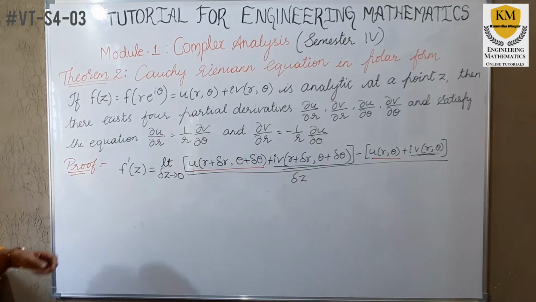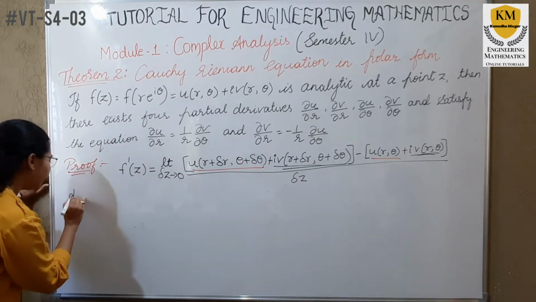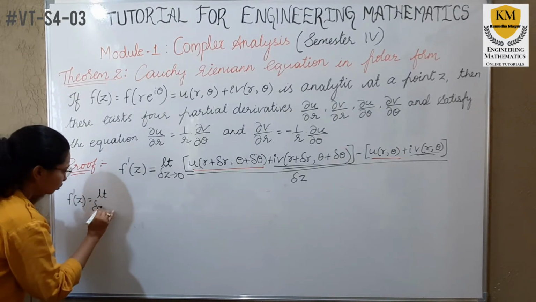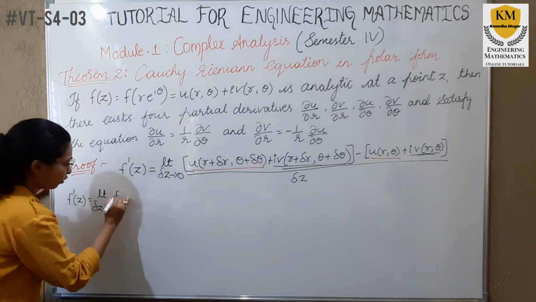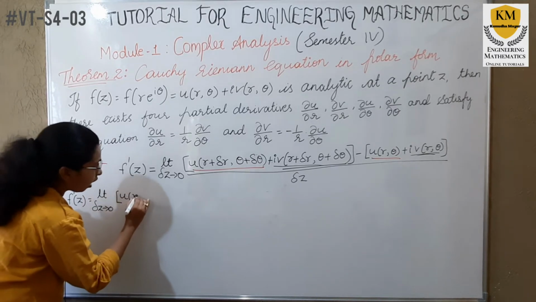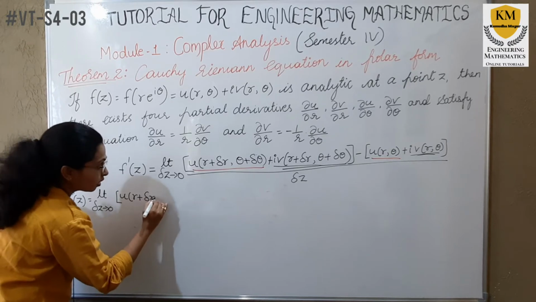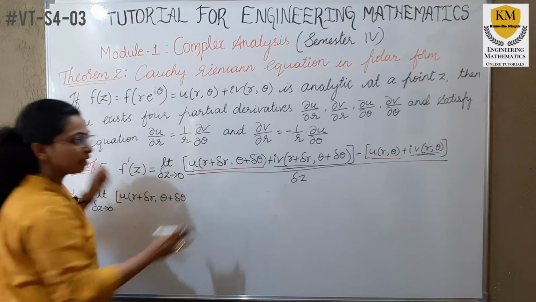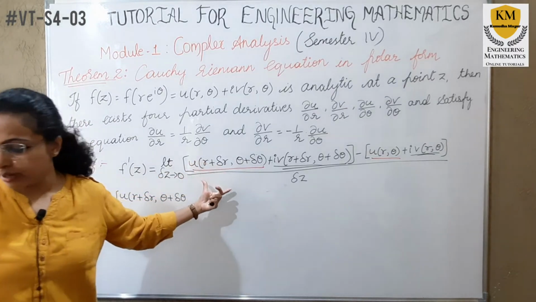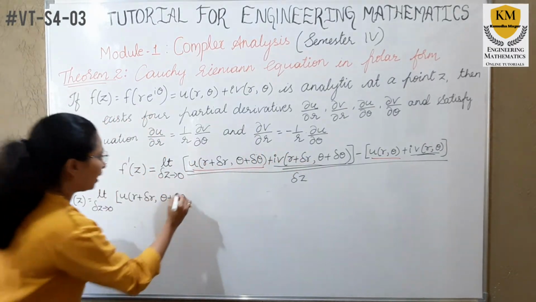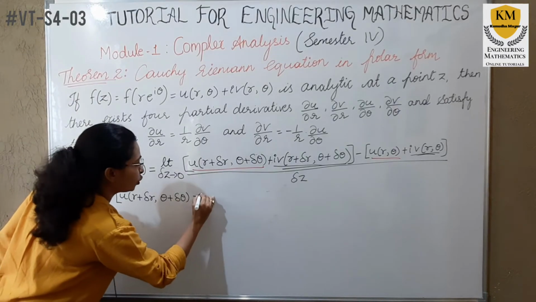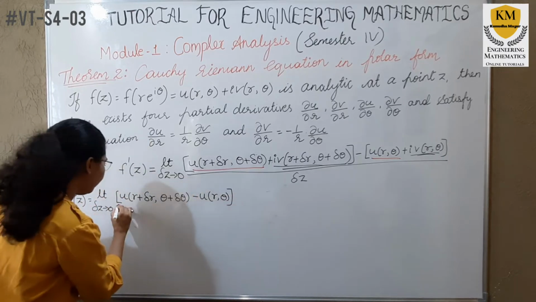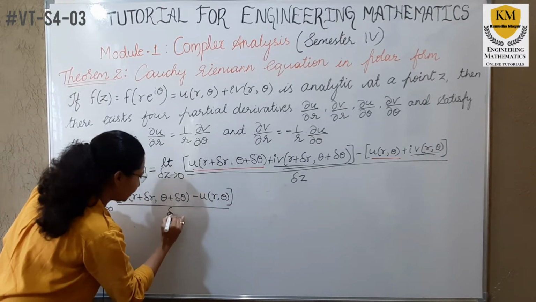I am going to write this as f dash of z equal to limit del z tends to 0 of u of r plus del r comma theta plus del theta. This is the real part of the first term. When it comes to the second term, minus u of r comma theta. So I will close it here, divided by del z.